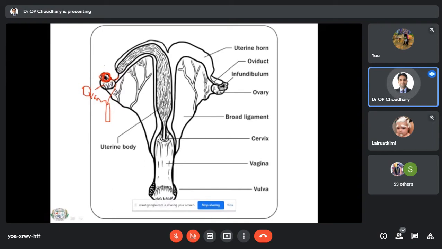This is the oviduct, the site for fertilization in females. Then the last part of the oviduct is connected with the uterine horn. These are the uterine horns, and this is the body of the uterus, and here is the dilated part, that is the cervix, and this is the vagina, and externally you can see the vulva.